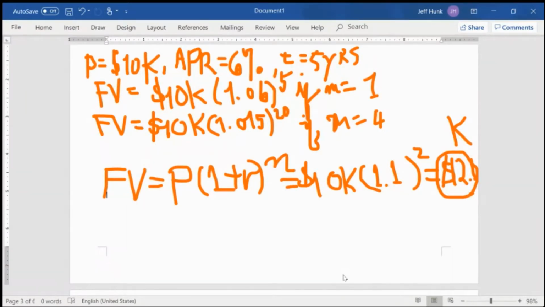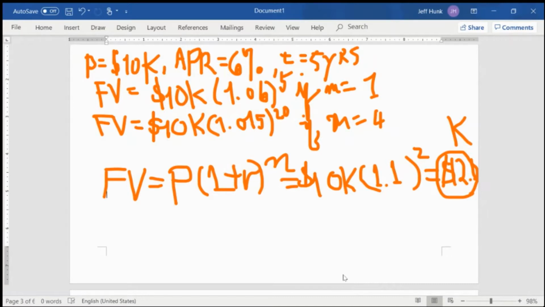Something like a bond, right? You have a bond that matures in 2 years, and when it matures, it pays you 12.1K. It could be a bond or some kind of certificate, like a CD, that entitles you to a claim to 12.1K 2 years from now.